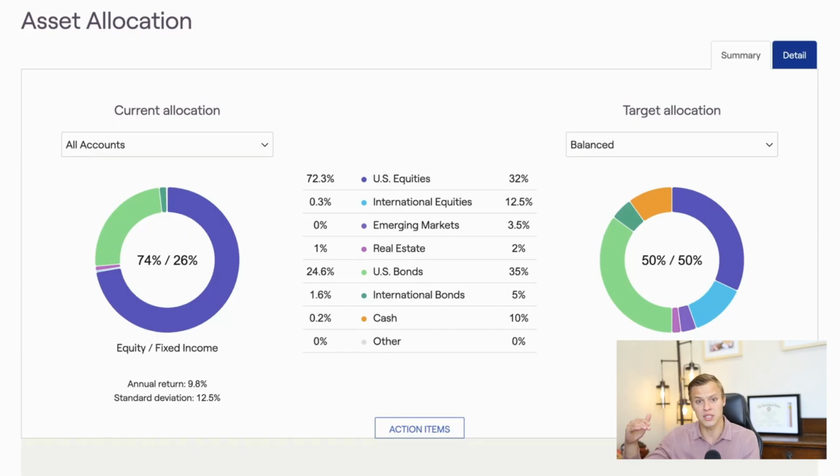Now, if your goal is long-term capital appreciation and growth on the flip side, and you have a 90% allocation into bonds, you might want to rethink that because maybe you're invested too conservatively. And as a result, this could pose a risk to your portfolio. So do you see what I'm getting at? The allocation side of your portfolio, the asset classes that you are invested in, are going to be the most custom to you and your goals.